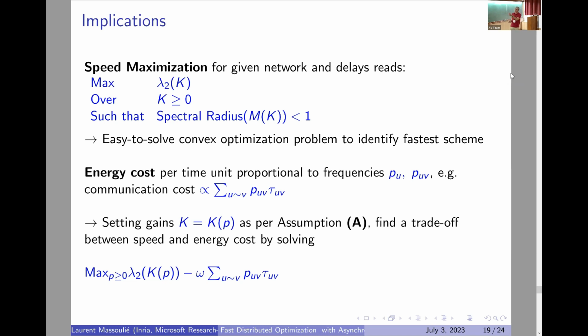This is no longer convex, so you must solve it by other means, but there you can do a brute force search. And what I want to do last is report on some experiments we did with that.